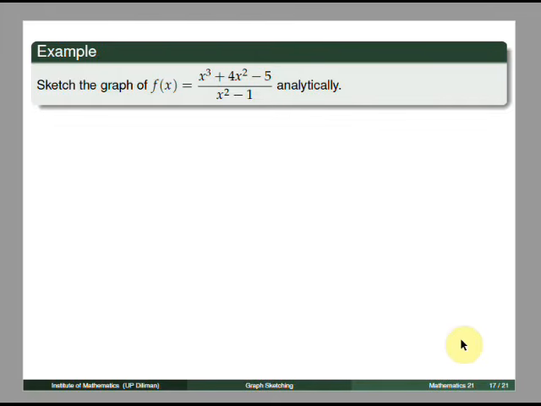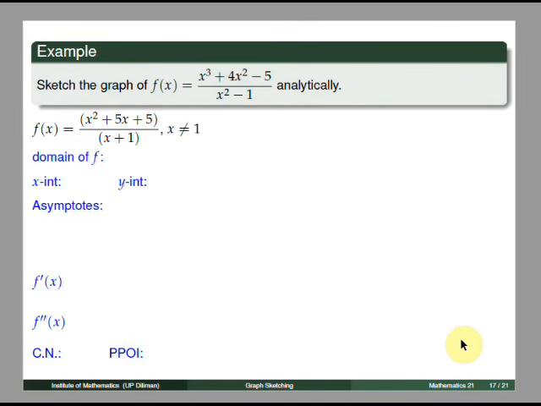Our first step is again to determine the domain, intercepts, asymptotes, first and second derivatives, critical numbers, and possible points of inflection. The domain of this function is all real numbers except negative 1 and 1.